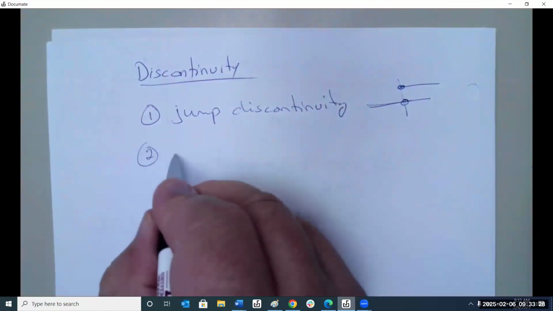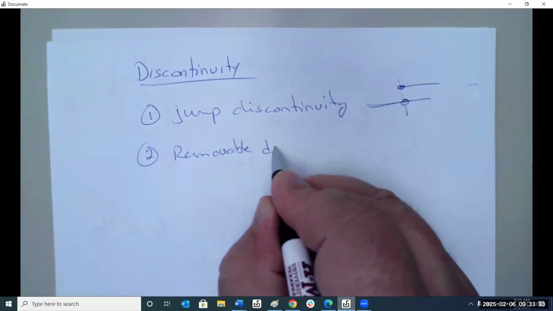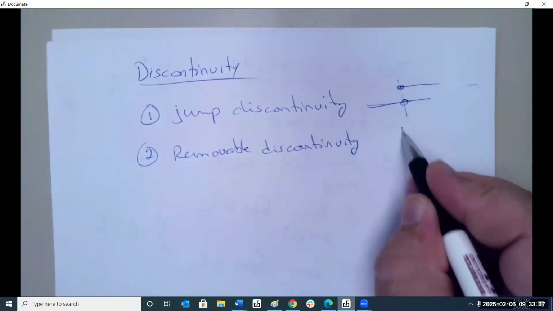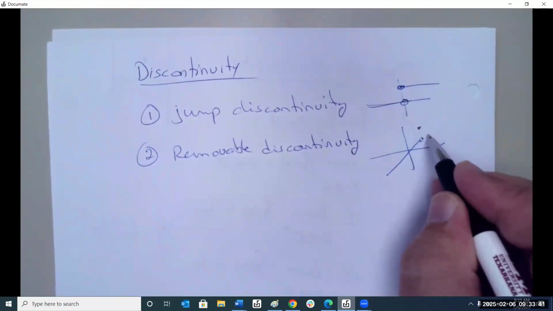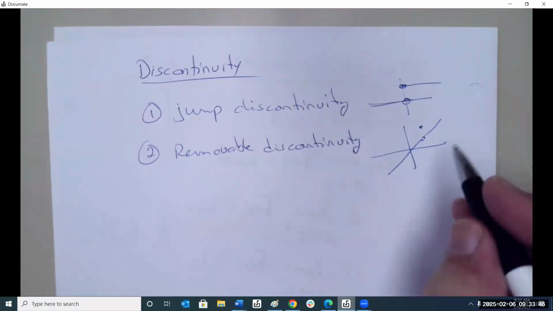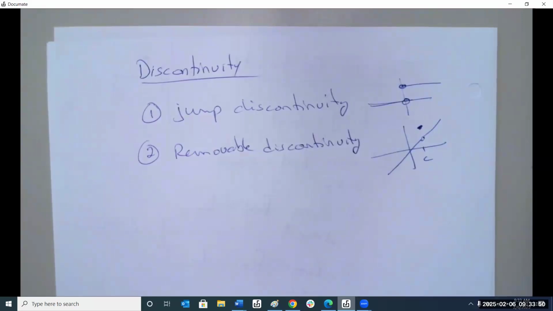Two, if it has a removable discontinuity, which means if we plug in a value c, we get 0/0 in the original function.